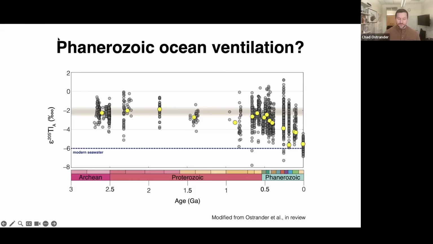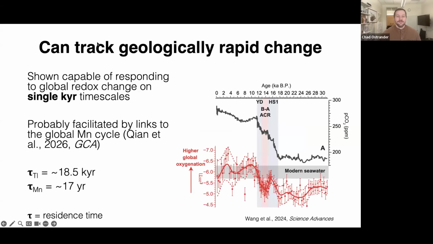We can talk about thallium isotope cycling in the Ediacaran during the rise of animals, across the Great Oxidation Event, or even during the rise of land plants. But here it's nice to see that this proxy, if it does really track ocean ventilation, changes when ocean ventilation seems more likely.